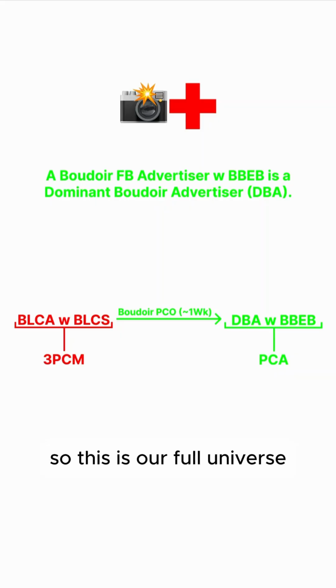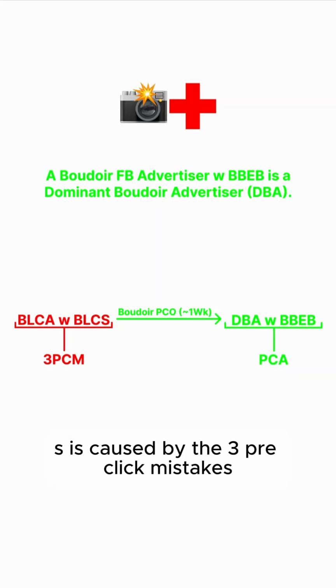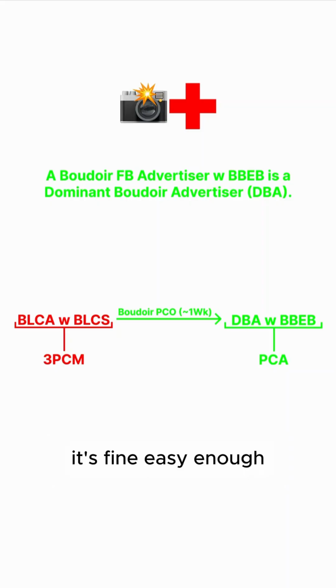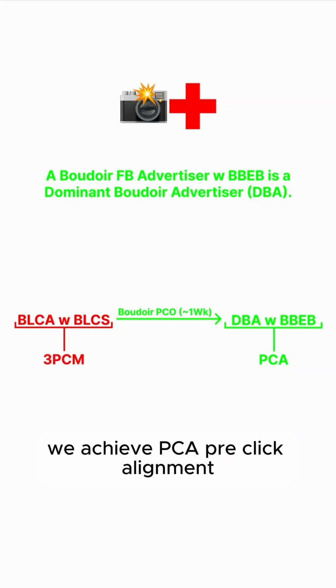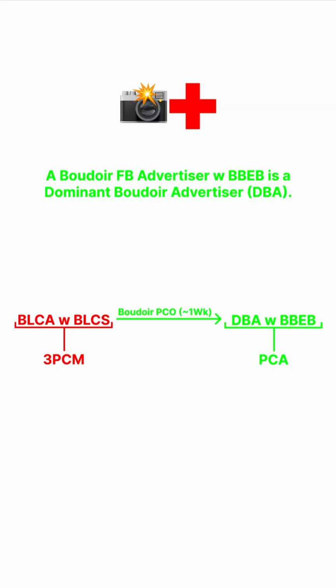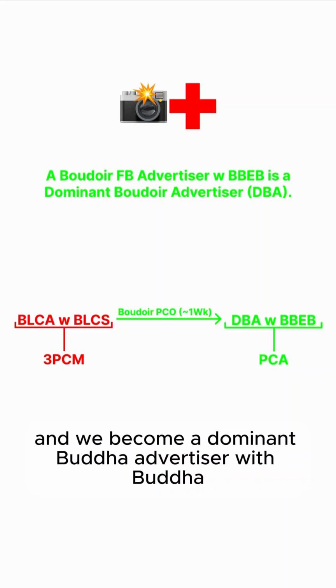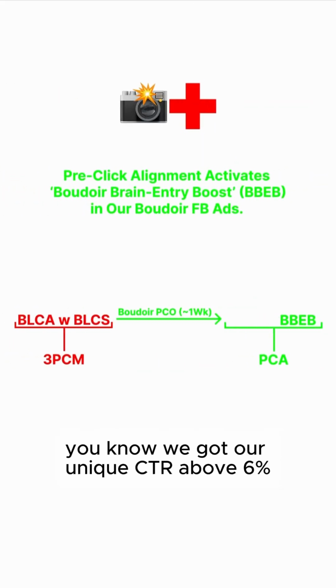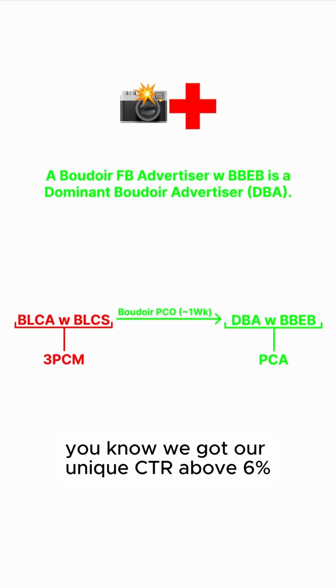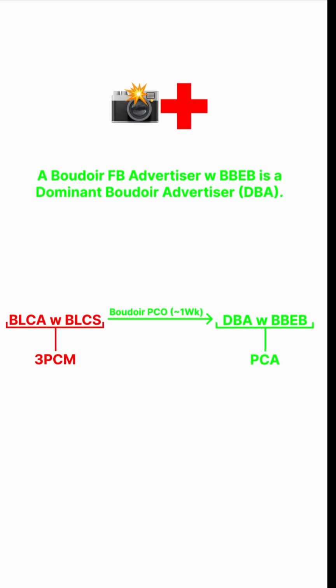So this is our full universe: a BLCA with BLCS is caused by the 3 pre-click mistakes. It's easy enough, treated with Boudoir PCO. Takes about a week. We achieve PCA, pre-click alignment, and we become a dominant Boudoir advertiser with Boudoir brain entry boost. And all that means is we have our unique CTR above 6%.